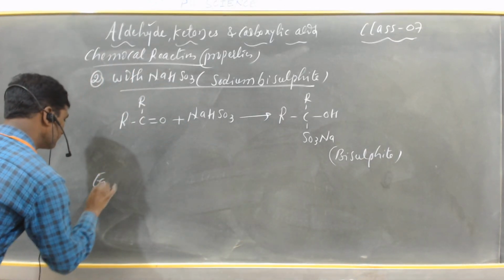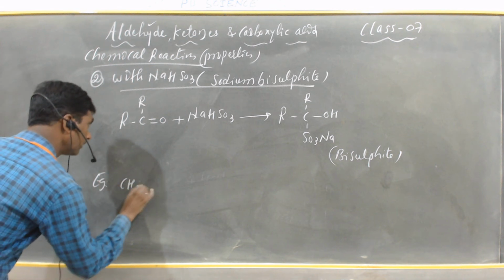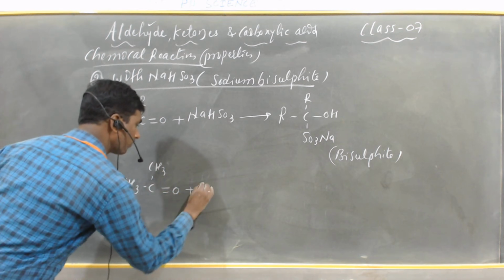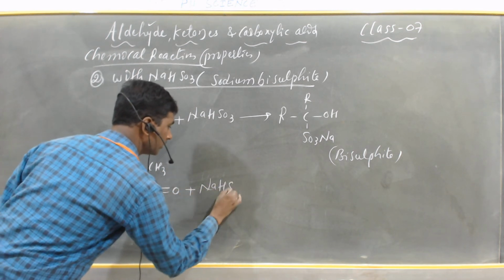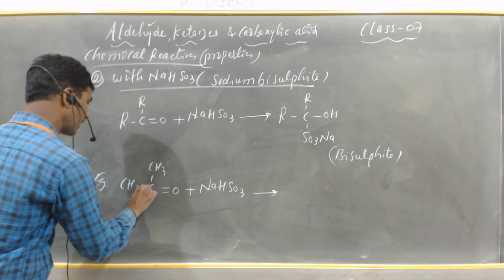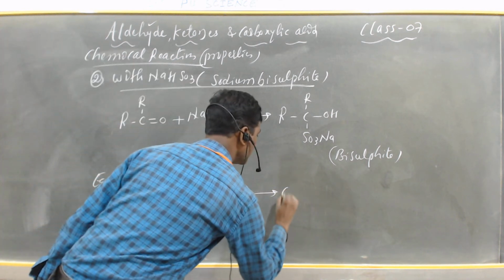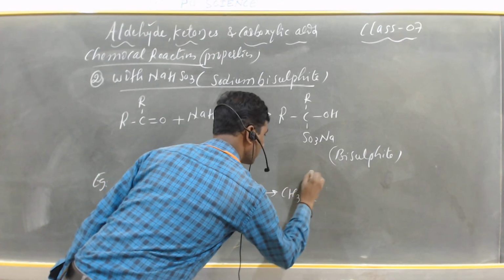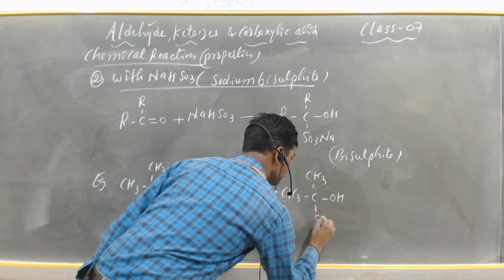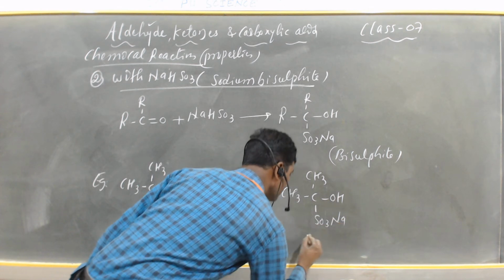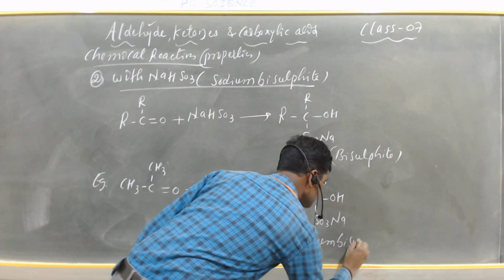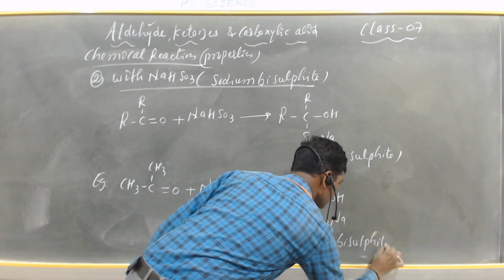Example: R is CH3, so CH3, C double bond O, CH3, plus NaHSO3. Here R is an alkyl group, CH3. So it becomes CH3, C, CH3 with OH and SO3Na, sodium bisulfite.